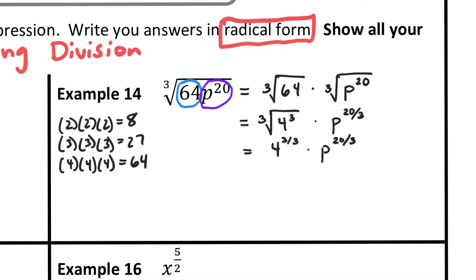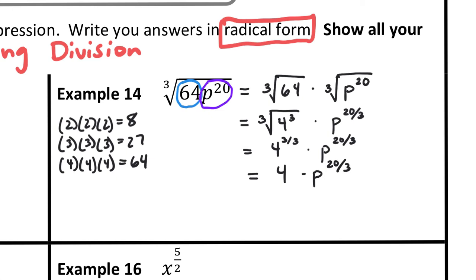Okay, and so this is where the long division happens. But first of all, 3 divided by 3 is 1. So this becomes 4. And again, I'm going to copy this p to the power of 20 over 3.